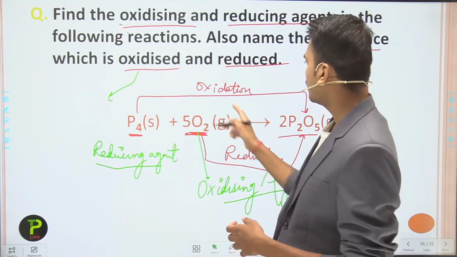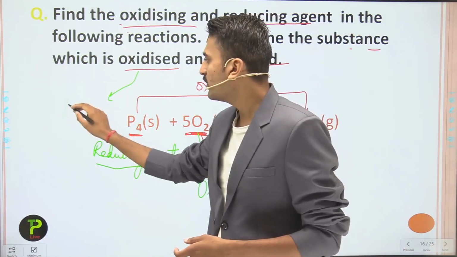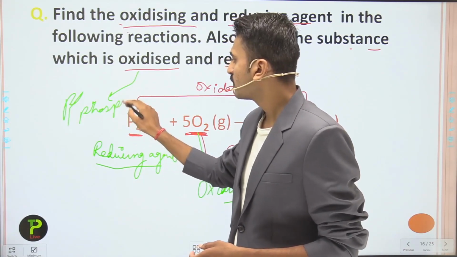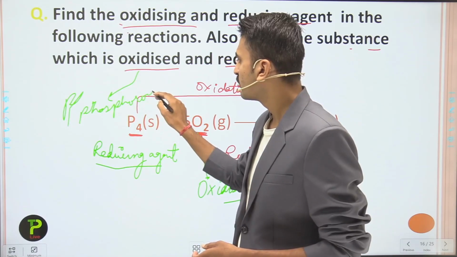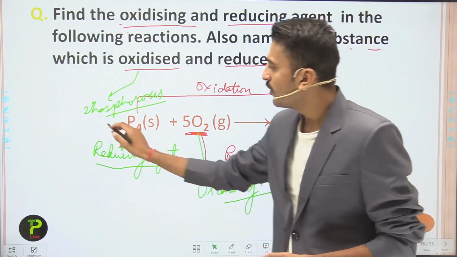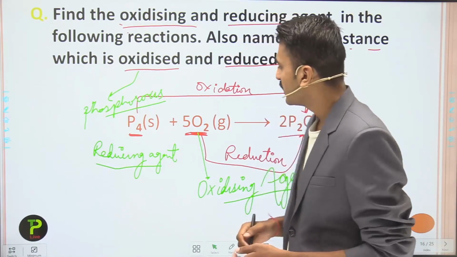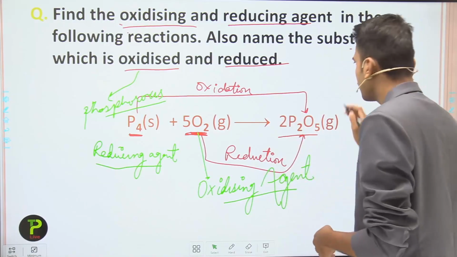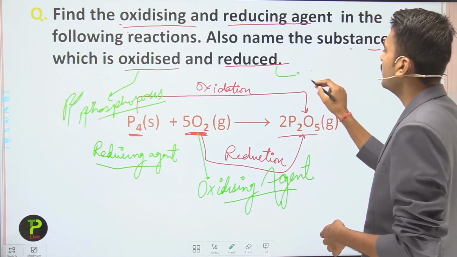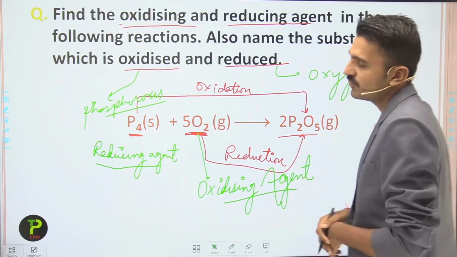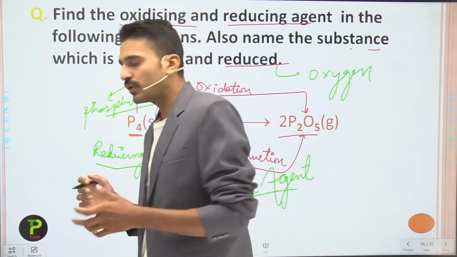Phosphorus. The name of the substance which is oxidized is phosphorus. The name of the substance which is reduced is oxygen. So you complete this example.